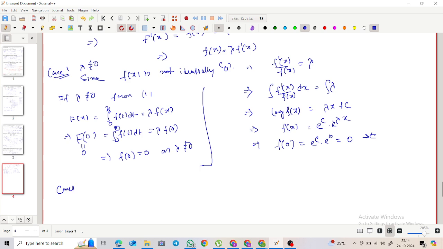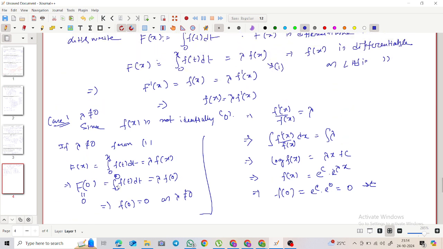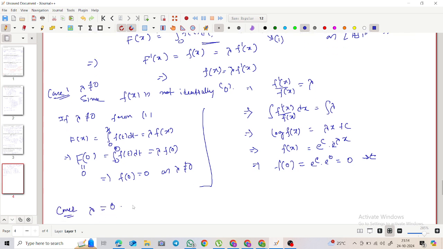Case 2. Lambda equals 0. If lambda equals 0, then what do you get? Again from 1, from this line, you get f(x) = integral from 0 to x of f(t) dt equals lambda f(x) equals 0, as lambda is 0.